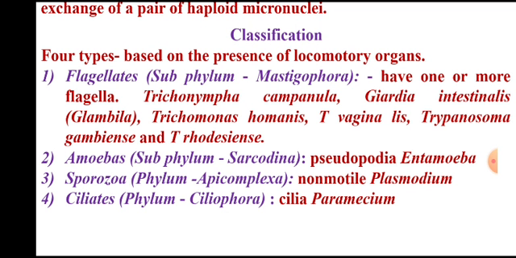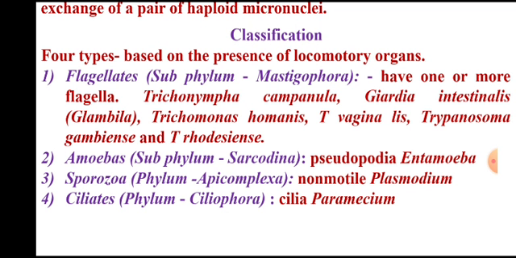The second class of protozoa is amoebas. The subphylum is Sarcodina. These are motile by means of pseudopodia. The example is Entamoeba. The third class is sporozoa. Phylum is Apicomplexa. The protozoans classified under this class are non-motile, so they do not contain any organ for motility.